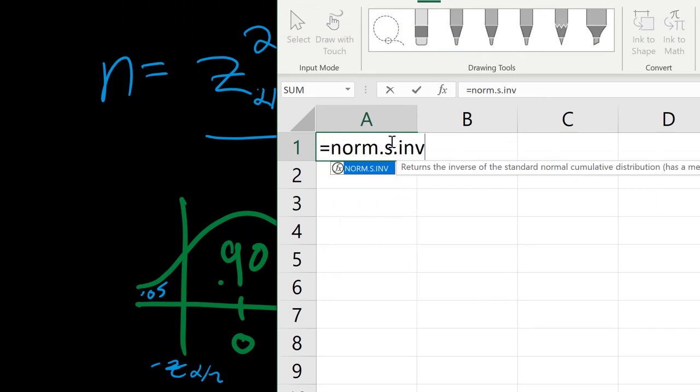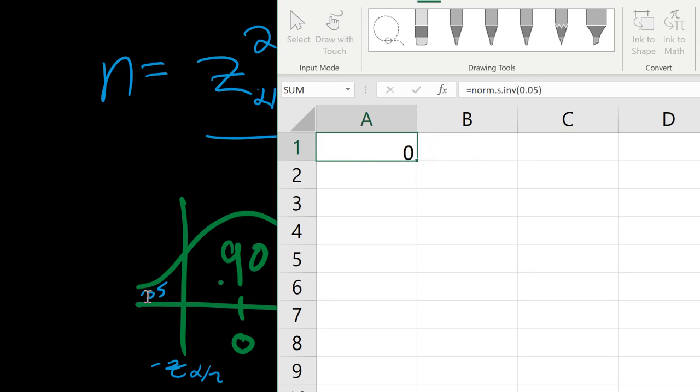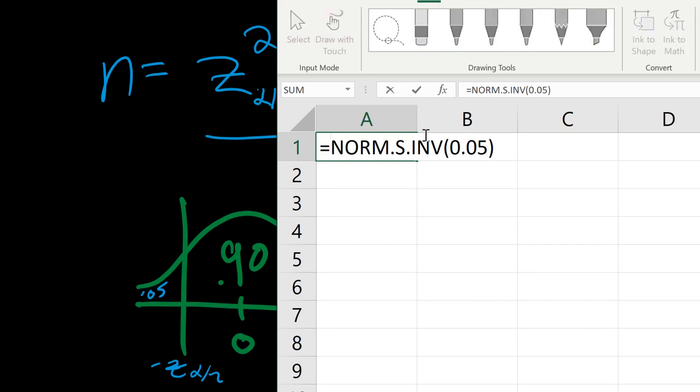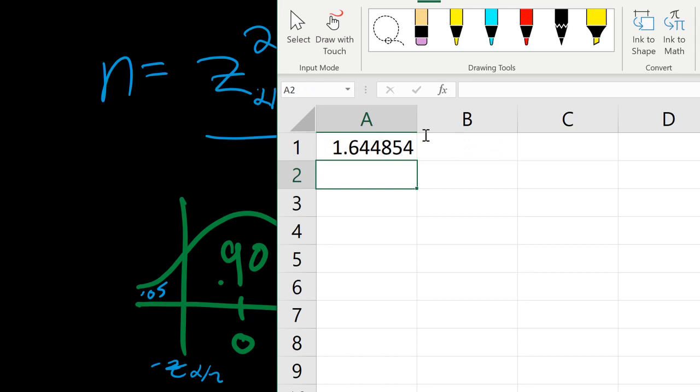All right, and I want to use that NORM.S.INV, right? S stands for the standard normal distribution, the normal distribution that's centered on 0 with standard deviation 1, right? So open parentheses, and what I want to give it is that alpha divided by 2, or that 0.05, okay? And it's always going to give me a negative number, right? Because it's the negative side that it's giving me, this side over here. So I always want the positive, so a negative and a negative make a positive, so I could put a negative sign there, and there we go.